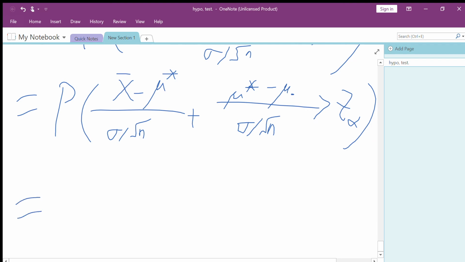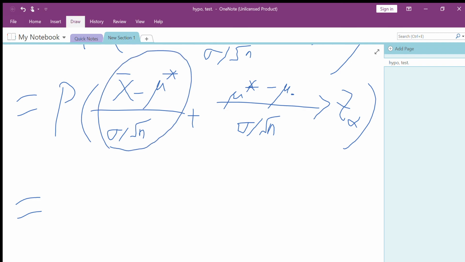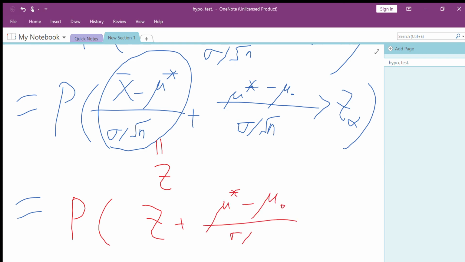Then since the true mu is mu star, this part becomes a standard normal random variable, z. So this probability can be written as z plus mu star minus mu 0 divided by sigma divided by square root of n, greater than z alpha.